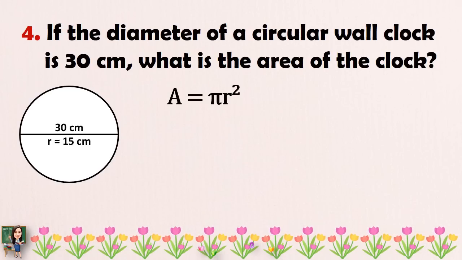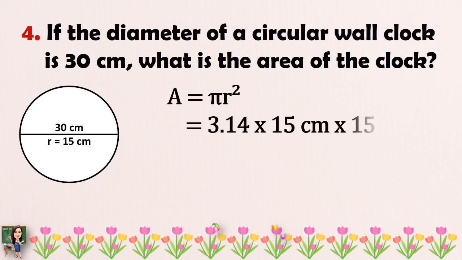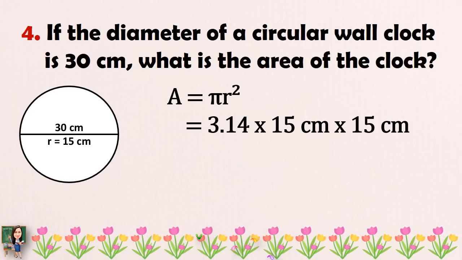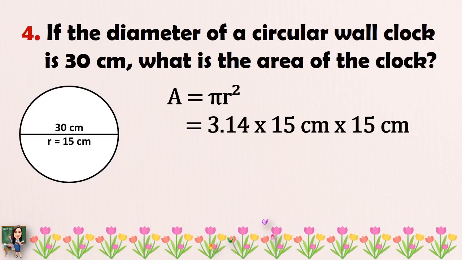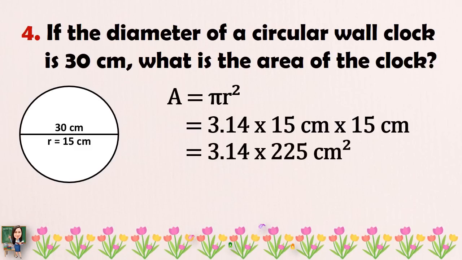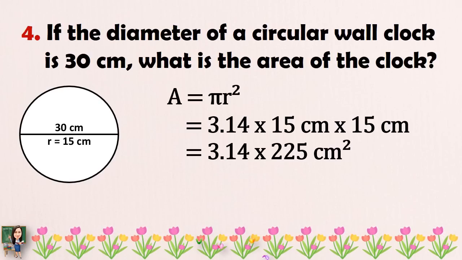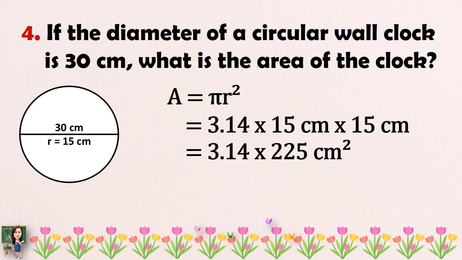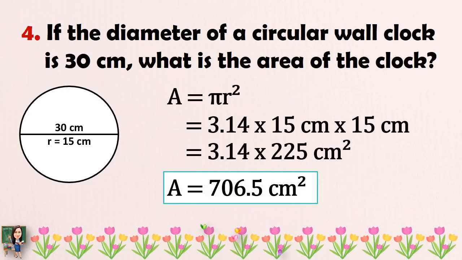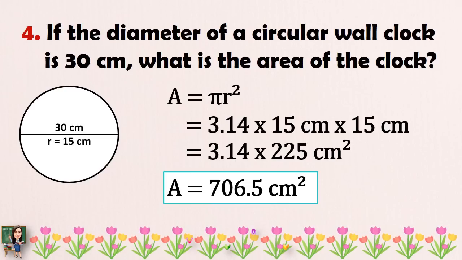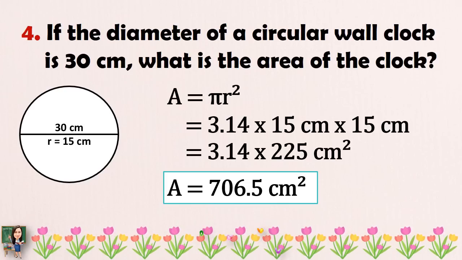A equals pi r squared, or 3.14 times twice the measure of the radius, which is 15 centimeters times 15 centimeters. 15 times 15 equals 225 square centimeters. Now multiply 3.14 times 225 equals 706.5 square centimeters. So this is the area of the clock.